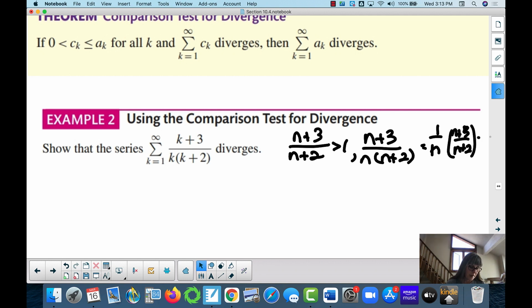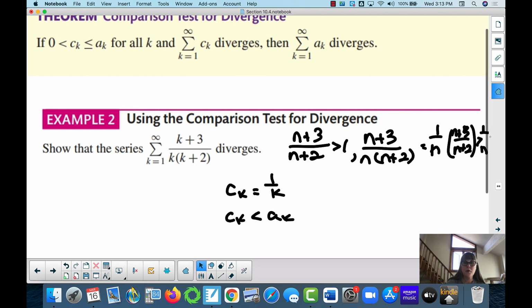And so that is going to be greater than 1/n. So if I choose c sub k to be 1/k, then I know that c sub k is smaller than a sub k. That's what I just figured out right here, that this is smaller than this.